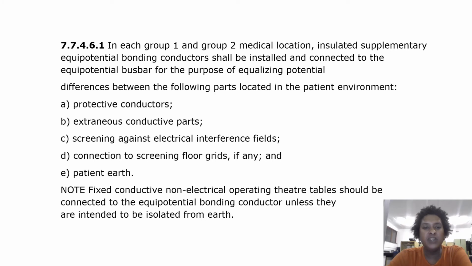Note, fixed conductive non-electrical operating theater tables should be connected to the equipotential bonding conductor unless they are intended to be isolated from earth.